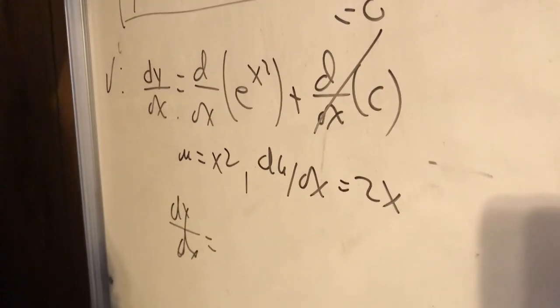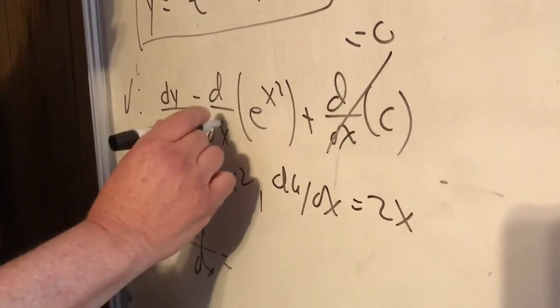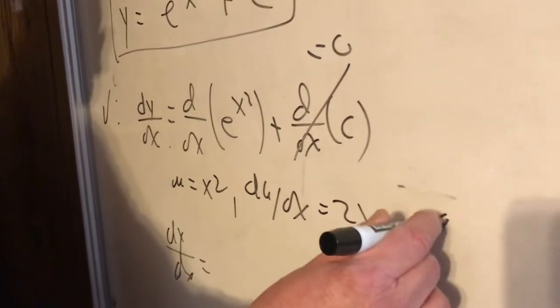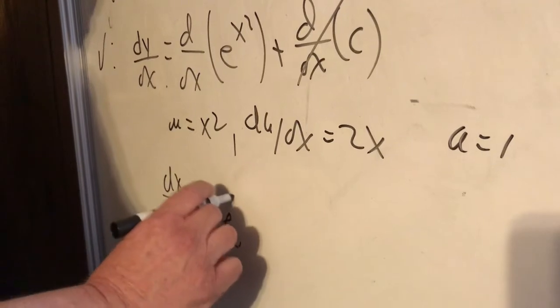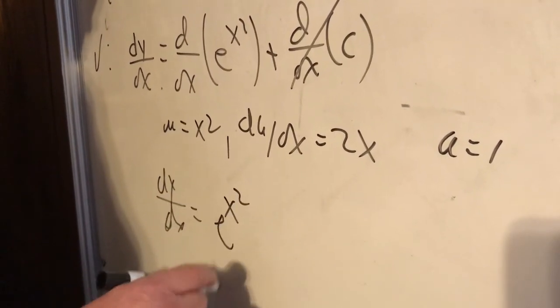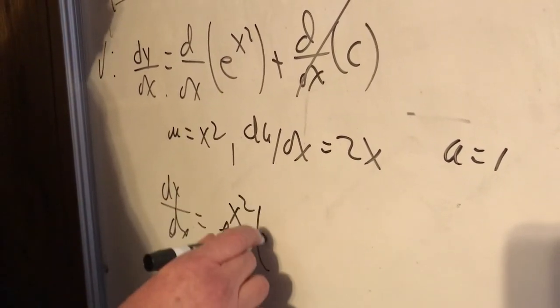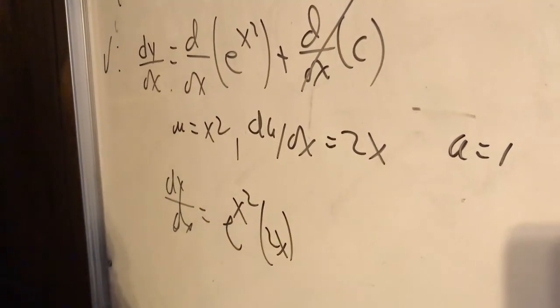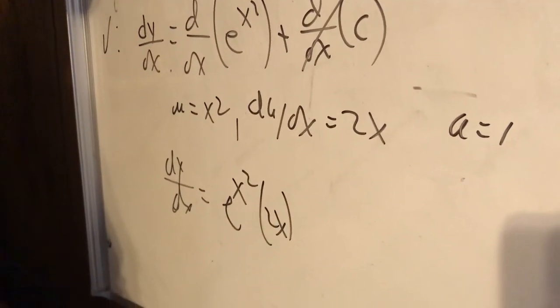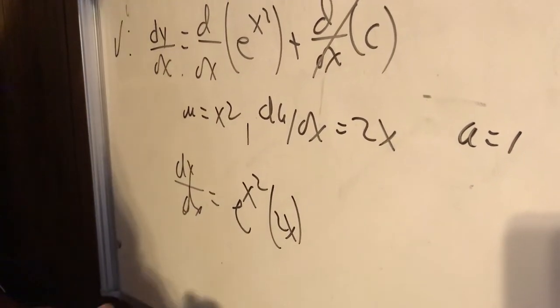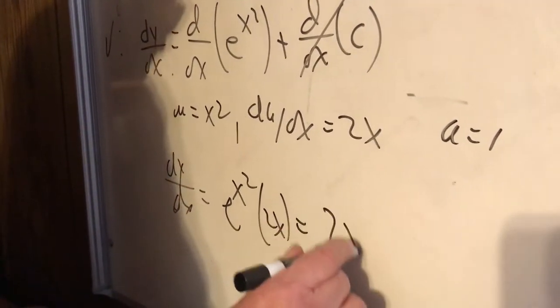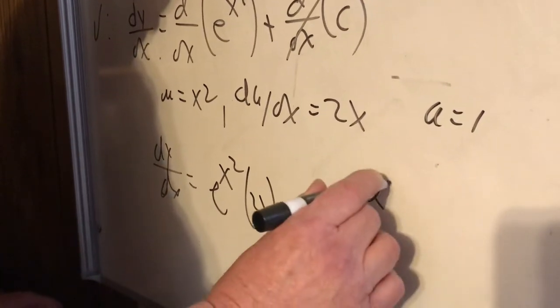So the derivative here, according to our rule here, would be a, which is 1. E to the x squared returns, times du dx, which is 2x. And that's 2x e to the x squared.